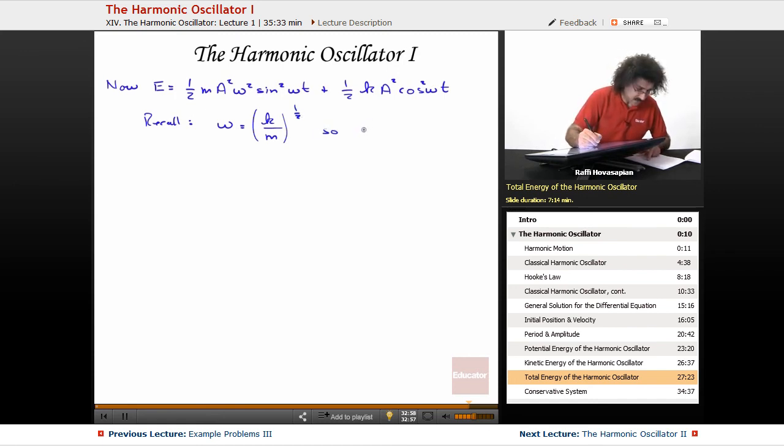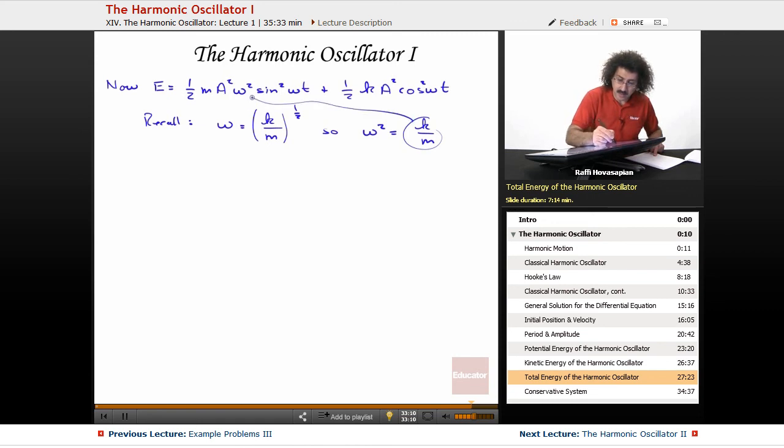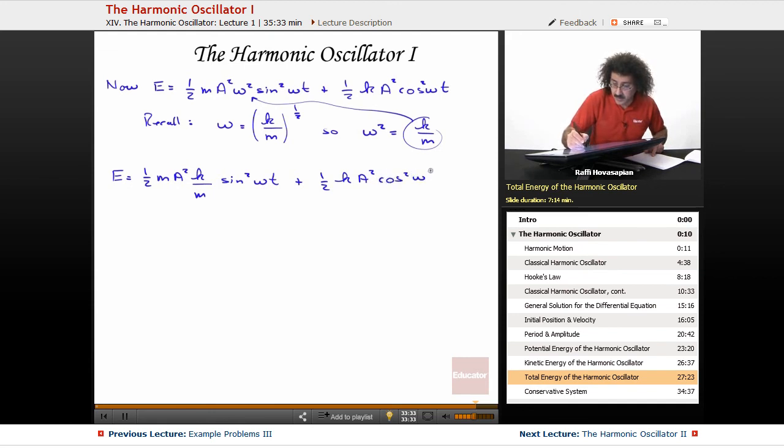So omega squared is equal to K over m. I can go ahead and put that into there. Therefore, I have my total energy is equal to 1/2 m A squared K over m sine squared omega t plus 1/2 K A squared cosine squared omega t.